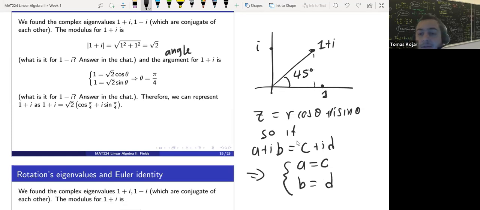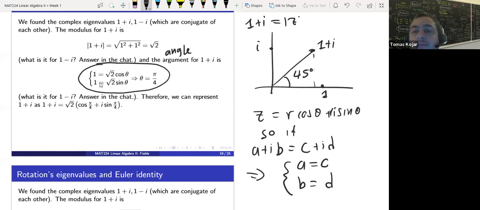So we use this system to get this system over here. Namely, we set 1 plus i to equal modulus of z cosine theta plus modulus of z i sine theta.